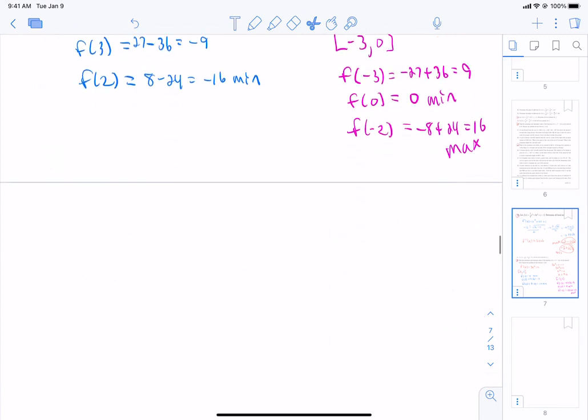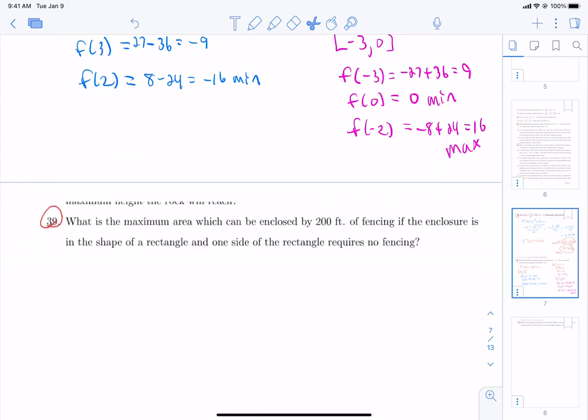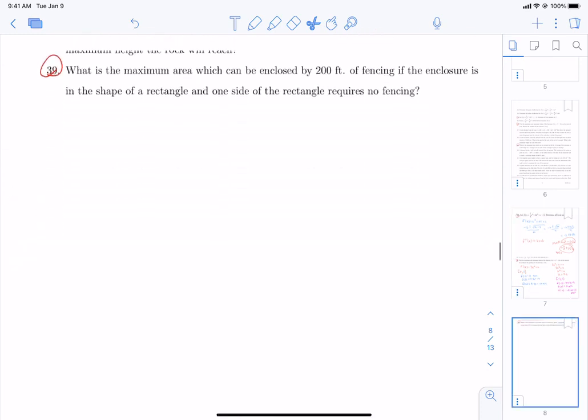So when you read a problem like this and it mentions the word largest or maximum, you've got to think, I have to find an equation and take the first derivative. Do a plus or minus chart or something like that.